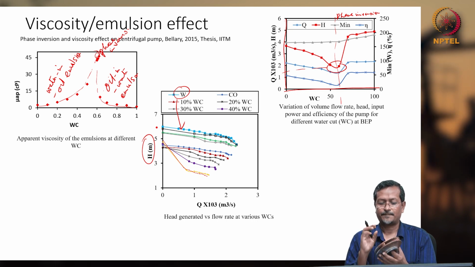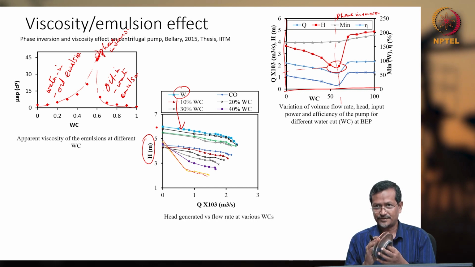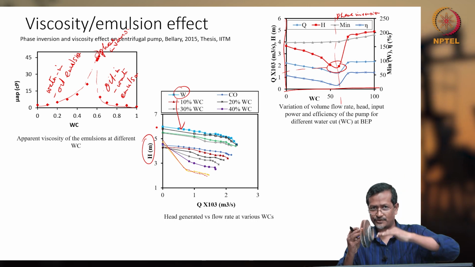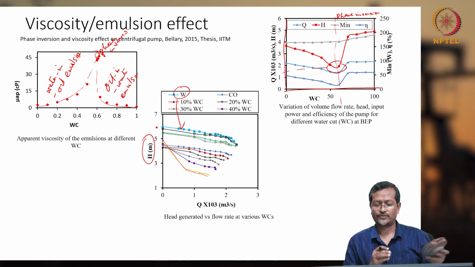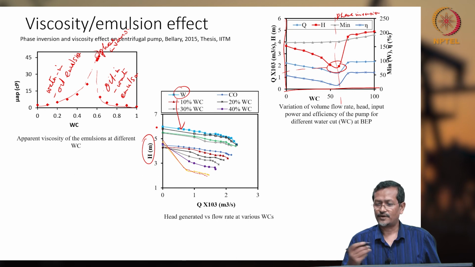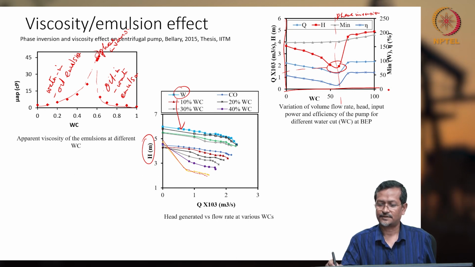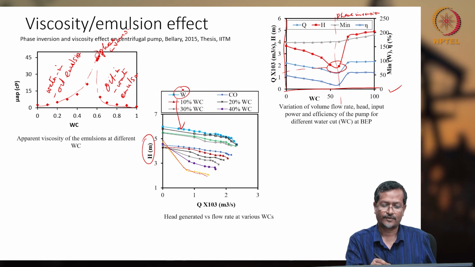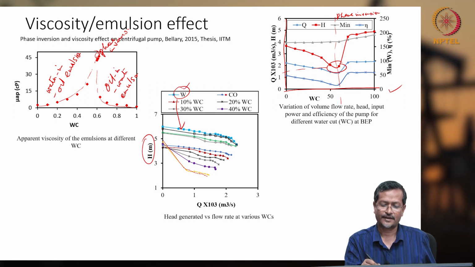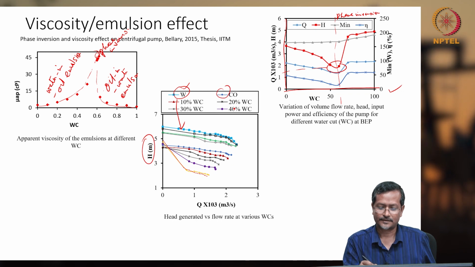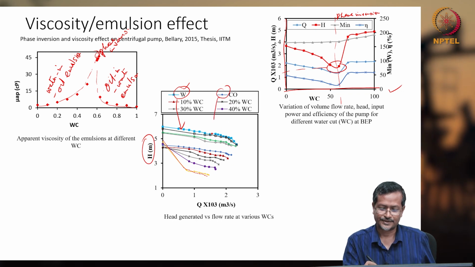Okay, so he got, during phase inversion, head or pressure dropping. When pressure drops, you get different curves. You get the right side curve, and the head dropping curve for the different water cuts he tested. For very high water cut, he got very high head, and this one is here.